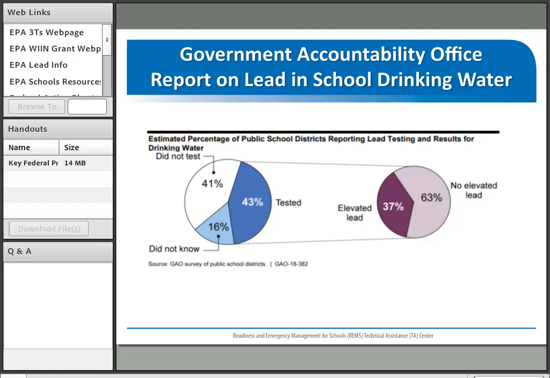All school districts that found elevated lead in drinking water reported taking steps to reduce or eliminate exposure, including replacing fountains, as Victoria just mentioned, installing filters and new fixtures, or providing bottled water. So the best way to know if the school's water is contaminated with lead is, of course, to test that water after it has gone through a school's pipes, faucets, and other fixtures.